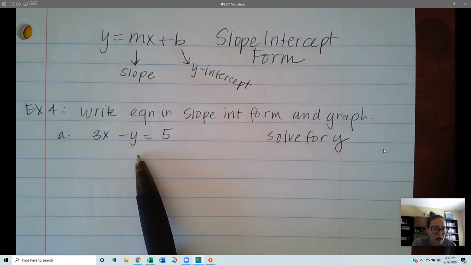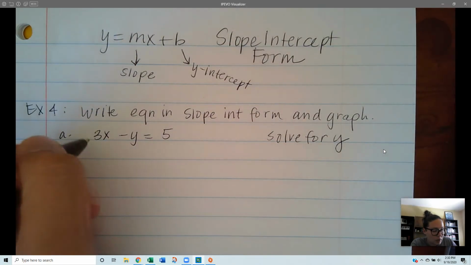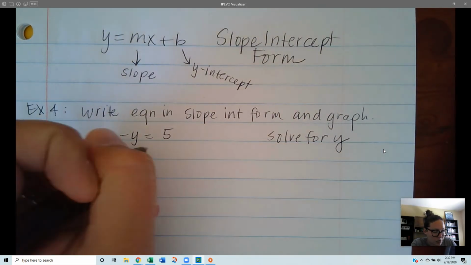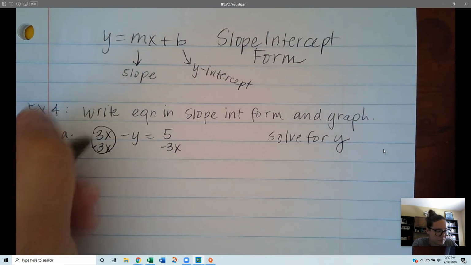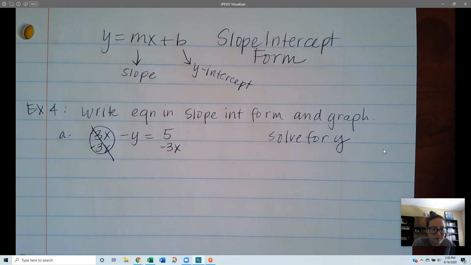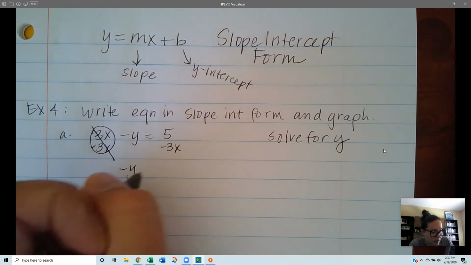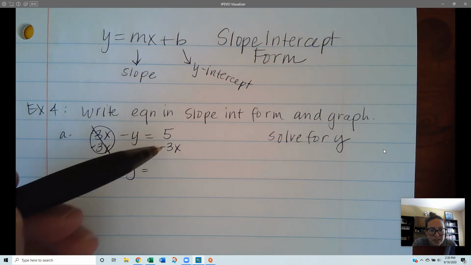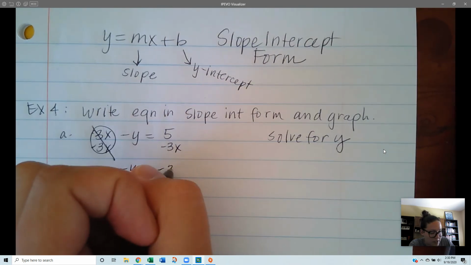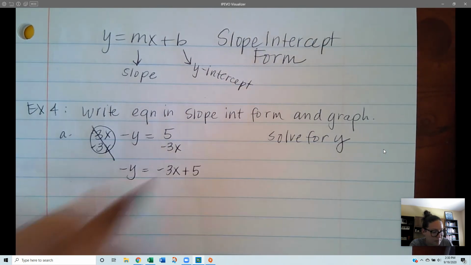That goes away. That's 0x on the left. I'm left with negative y. These are not like terms. This one doesn't have an x, this one does. They are going to have to stay separate. The other important thing is that you have to remember that this is a negative y. That negative doesn't magically disappear. What that really is, is a negative 1. Okay?